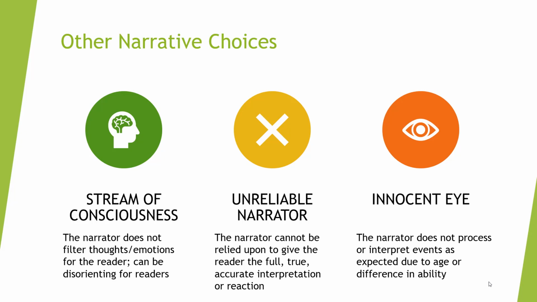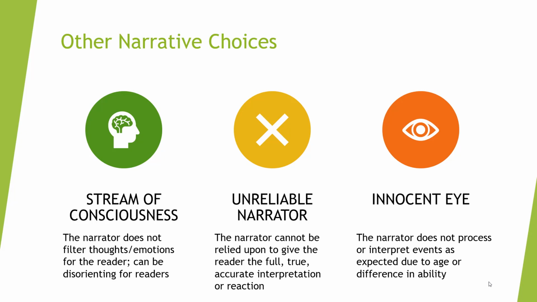Next up, an author might choose to give readers an unreliable narrator. An unreliable narrator is one who, for various reasons, the reader can't really trust or rely on to give the full, unbiased, accurate interpretation of what's going on. And that's the implicit, expected relationship between a narrator and the reader.